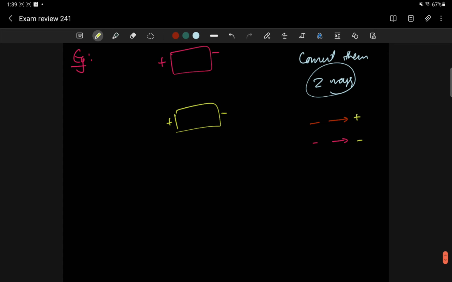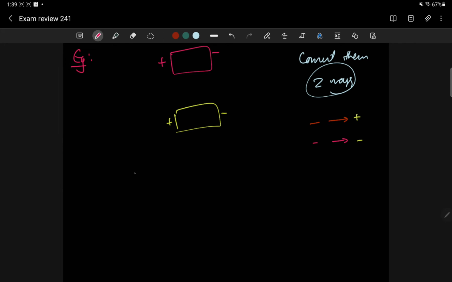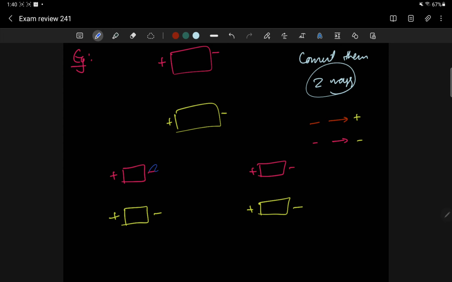So because there are these two choices, they are given special names, right? So let's see, I have plus minus and then a plus minus, and I have a plus minus and I have a plus minus. So one way to connect them is I take this negative and I connect it with the positive. And the other one is I take the negative, connect with the negative, take the positive, connect with the positive, right?